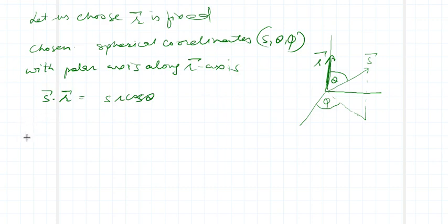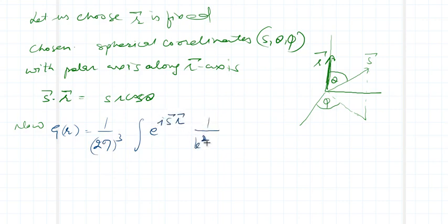Now G(r) is equal to 1 over (2 pi) cubed integral of e raised to power iota s dot r over k square minus s square, d cube s. That's what I have taken.